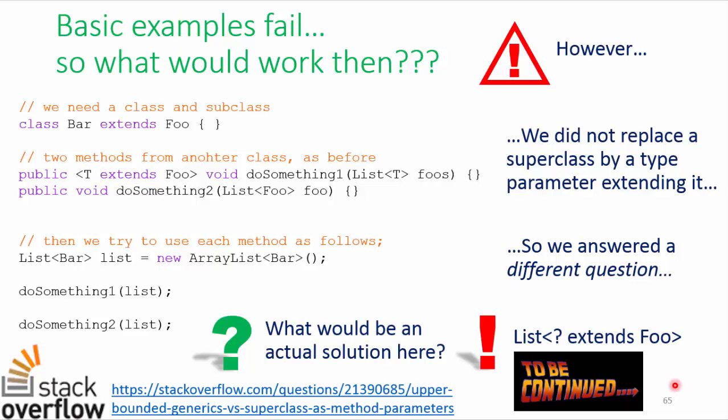We are not per se replacing polymorphism by a bounded type parameter, because here it clearly cannot work. The polymorphism in doSomething2 clearly cannot work, and we know that from one of the previous lectures. So let's leave this example at that. Okay, for now, we'll work more on this kind of stuff when we cover wildcards.